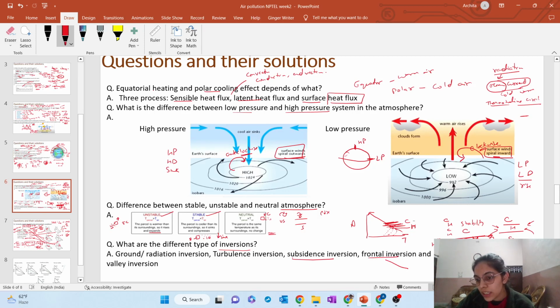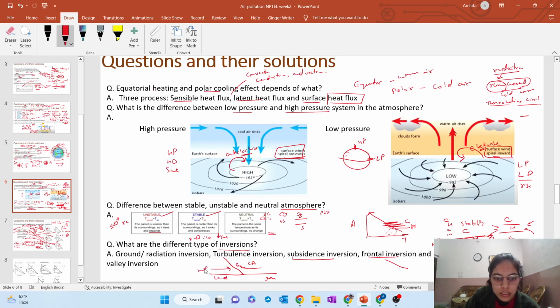Okay, so in this region, if you see this block, I'll explain it here. Wait. So this is sea. The cold air is coming from the sea, and this is warm. This is land.